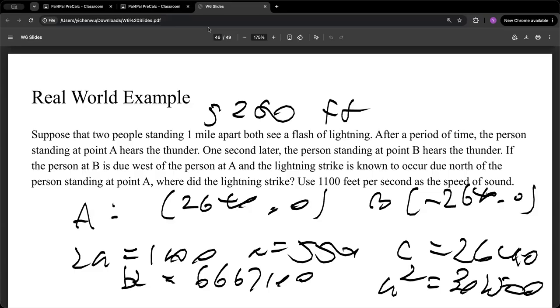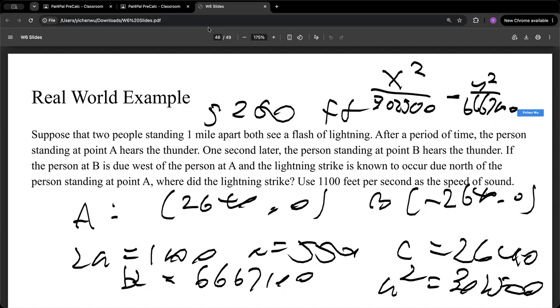Now with these, you just write it as a hyperbola: x squared over 302,500 minus y squared over 6,667,100 equals 1. Then you plug in x is 2640, because it says it's right north of A. Then you can get y.